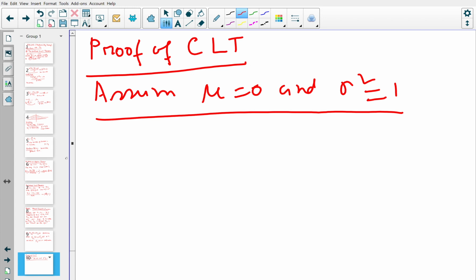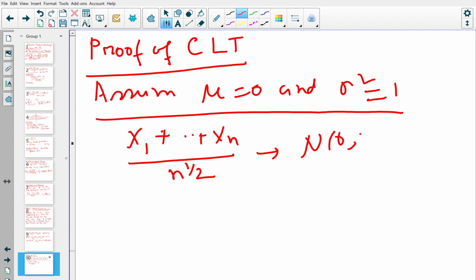Then we need to prove that (X1 + ... + Xn) divided by n to the power half tends to normal(0,1), because mu equals 0 cancels out and sigma equals 1 in the denominator.